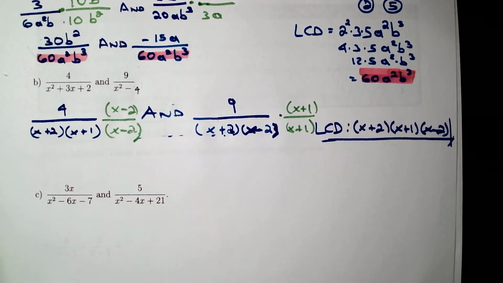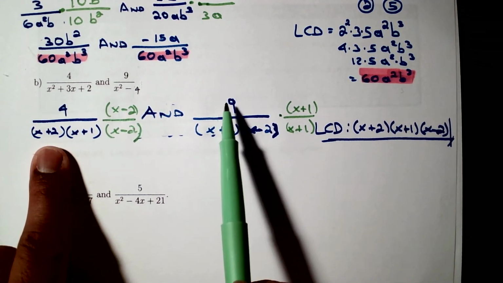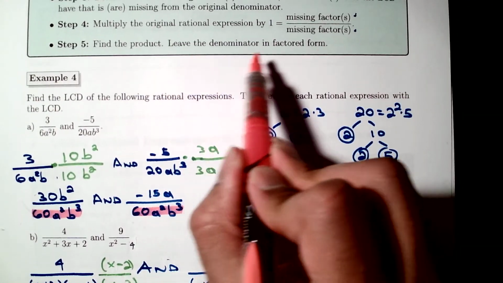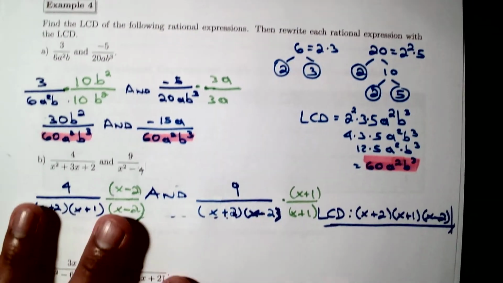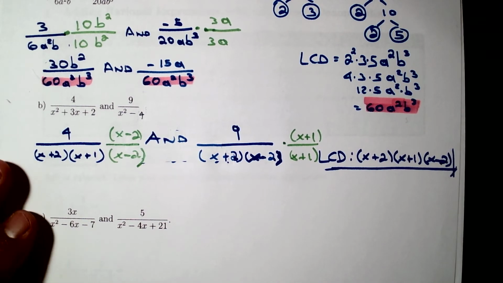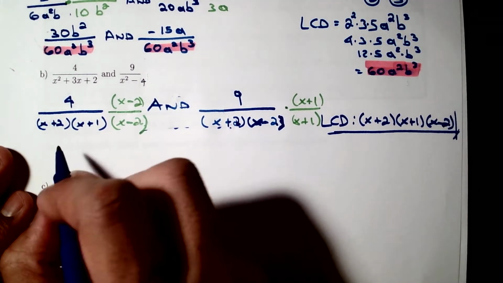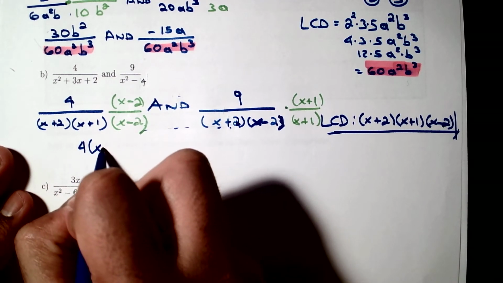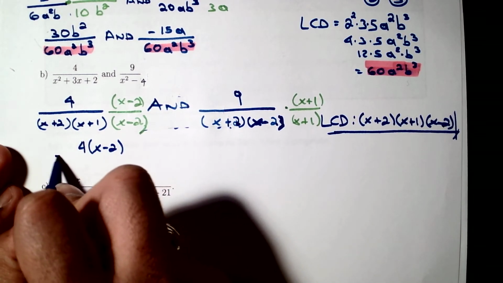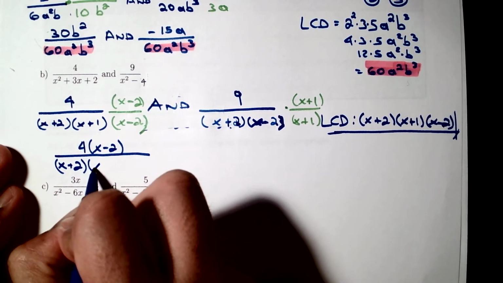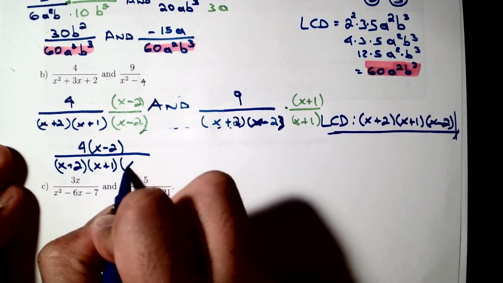We are missing this factor of x plus 1. So in this case, let's just multiply across without distributing. Again, we need to leave everything in factored form. So we are going to get 4 times x minus 2, x plus 2, x plus 1, x minus 2.